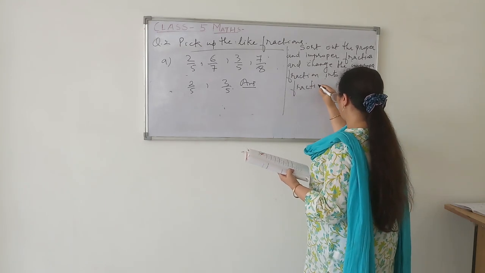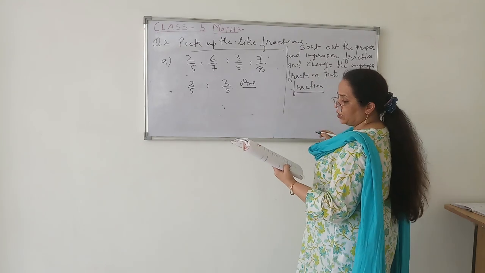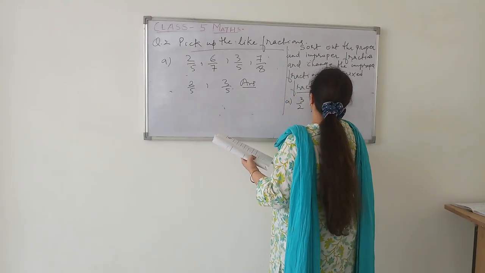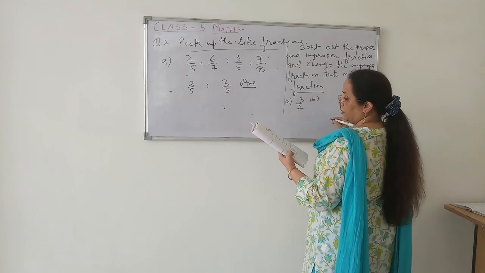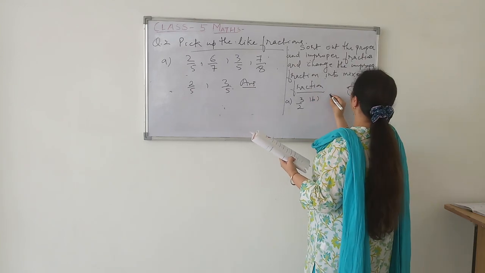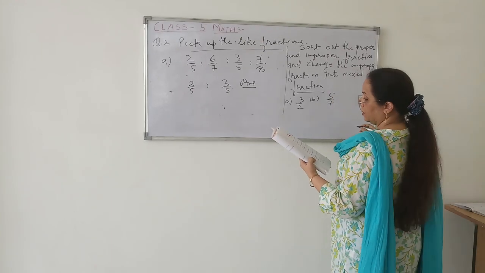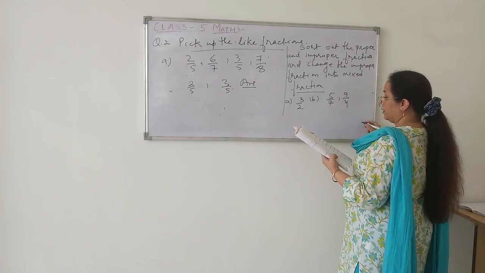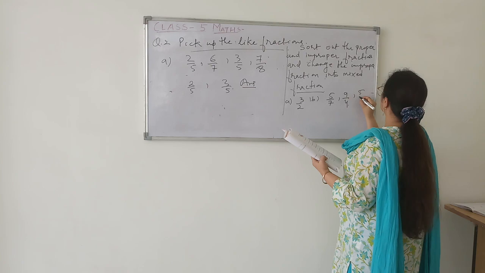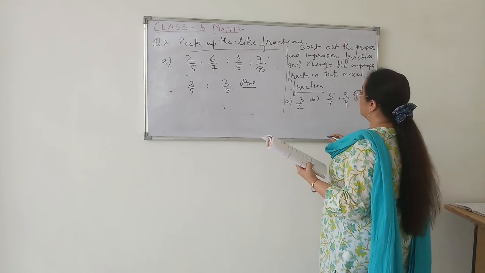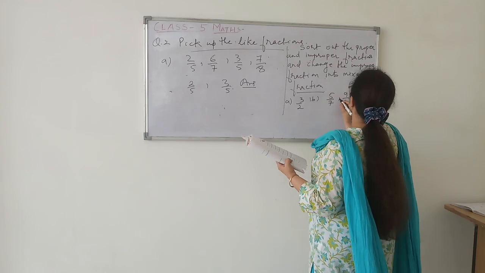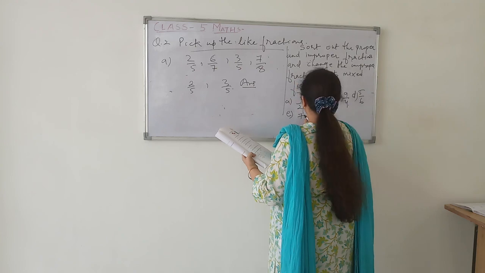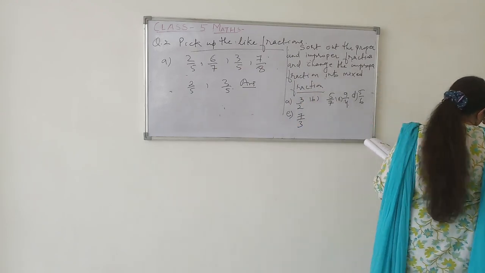Now here first of all the different fractions are here. A is 3 upon 2, B is 5 upon 7, C is 9 upon 4, D is 5 upon 6, and E is 7 upon 3.